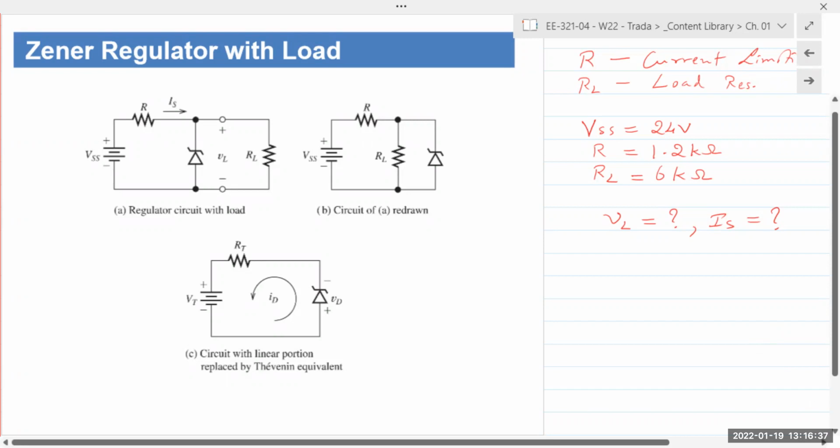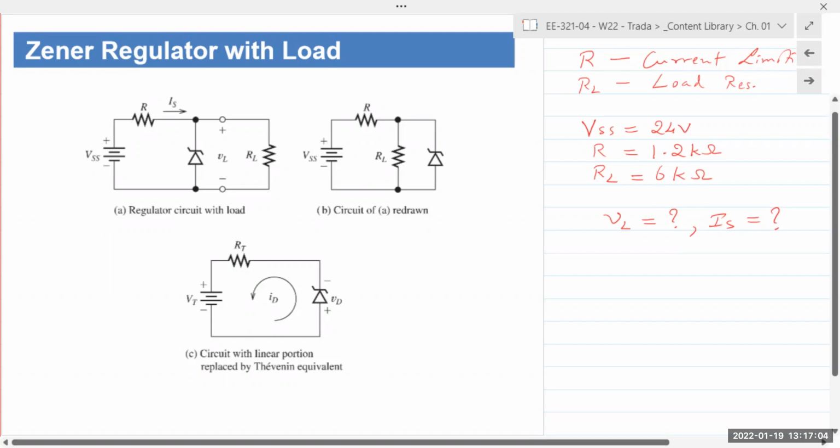So first step here, let's take a look at the circuit. If you remove the Zener, what do you see? Just two resistors in series, right? Keep that point in mind. Now, the output voltage, VL, which is across load resistor RL, is also in parallel to the Zener diode. So VL should equal VZ at that point, right?